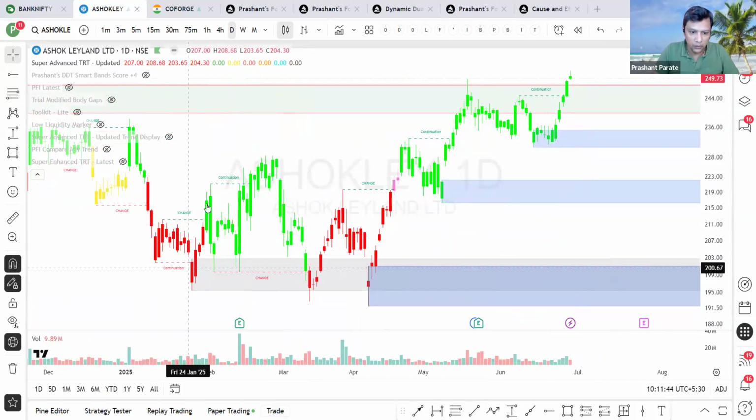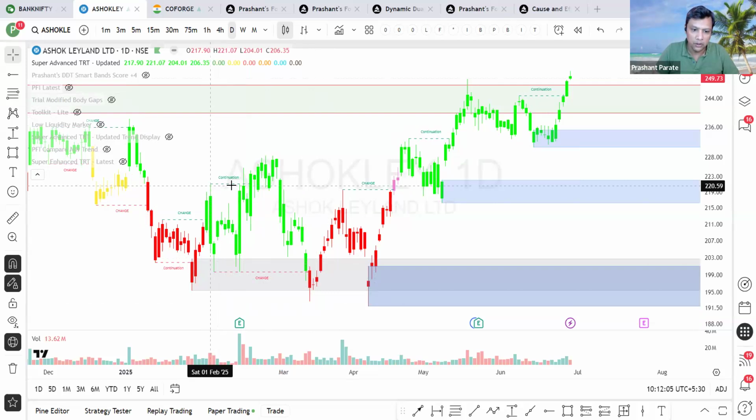Here we had a downtrend, TRT changed to green, price came down, gave retracement entry, and target is done. So even though color changed to red, this is not a failure trend. This has given target. Okay, first target is done. Sometimes we may feel that why this stop is hit.